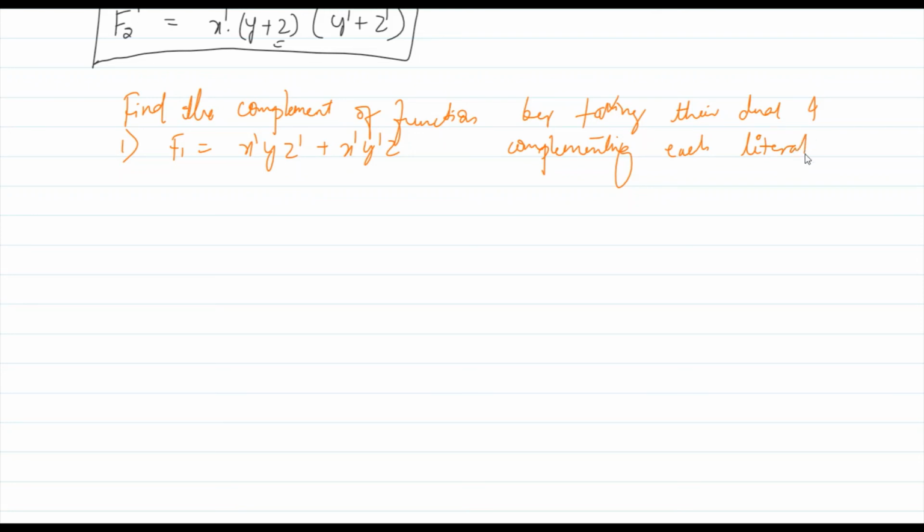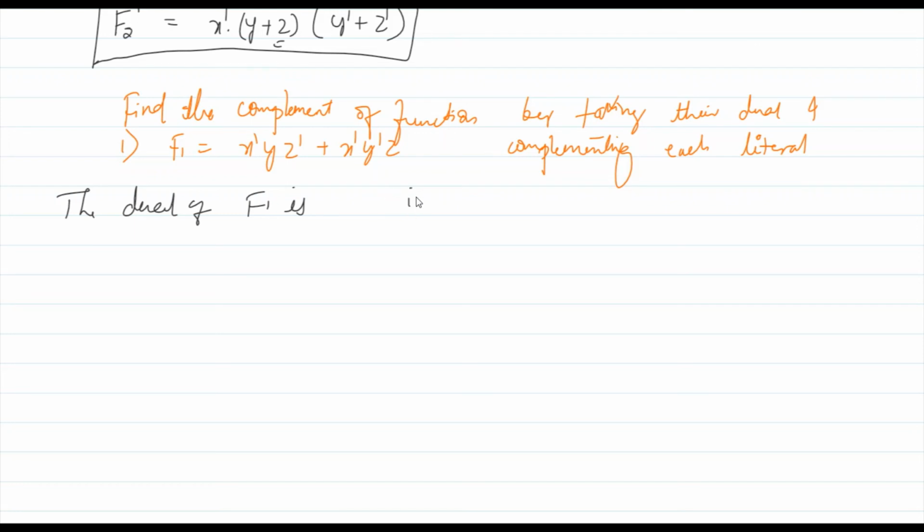I only write that the dual of f1 is, this has already been explained, wherever ones are there you make them 0, wherever plus is there you make it dot, wherever dot is there you put just plus. That is what we call dual. Duality principle also we have discussed. Okay, if you apply duality you have to make interchange.